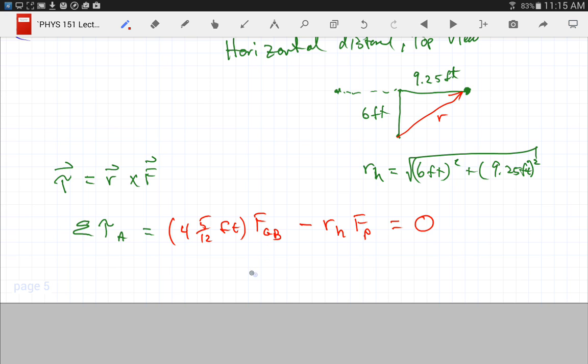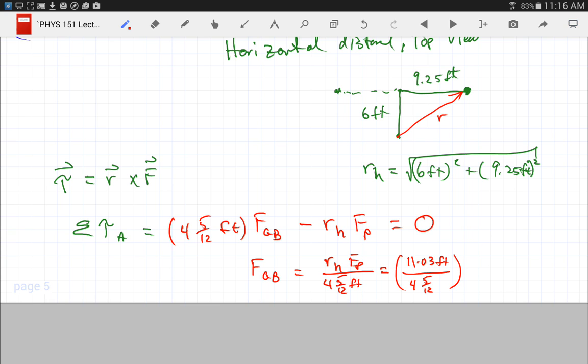Well, at this point, I can just solve this. Force ground B is equal to RH times force P over my 4 5/12 feet. I would have to now get a number from just doing that square root. Does somebody want to calculate that for me? Give me how many feet that is. 11.03 feet.